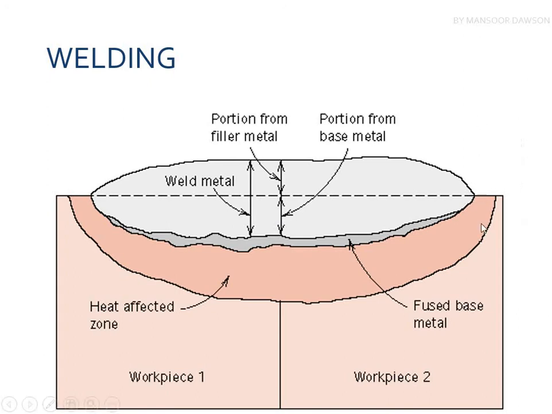This is the heat affected zone, because the heat of this melted part would be transferred throughout the metal, and this would be the most heat effect. This is the very first part in which the heat is transferred. Usually you can observe intergranular corrosion in this part, especially in the case of stainless steels.